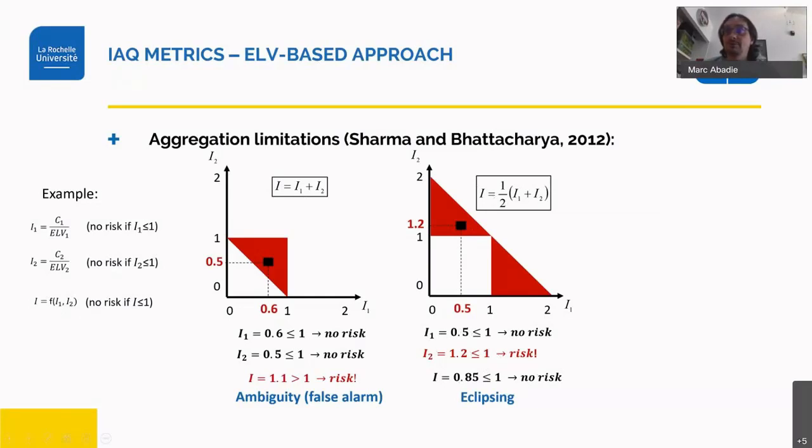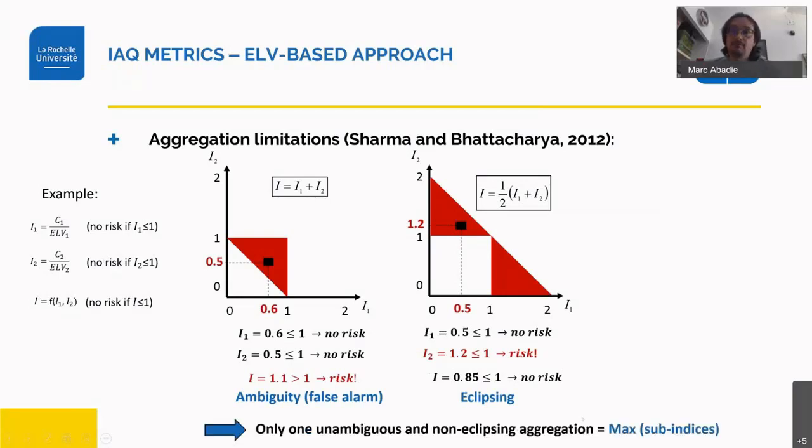We don't see a problem for sub-indices. And this region always exists when you use any mathematical relation here, except one. There's one that works every time, that is unambiguous and non-eclipsing. It's the max operator or min operator, depending on how you define your sub-indices. But max or min is the right choice to do. So we used here in this work the maximum of the sub-indices to calculate the aggregated index.